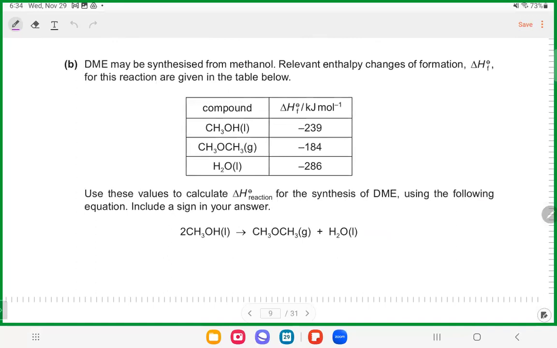Same question, same format. They ask the definition and then they ask about this. Now you are provided with a chemical equation and the relevant data of formation is given.